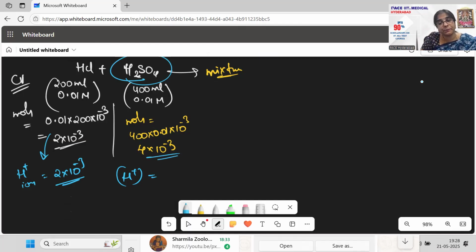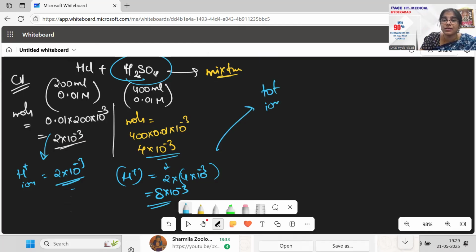So 4 into 10 power minus 3 will give you 2 into that. 2 into 4 into 10 power minus 3, which is 8 into 10 to the power minus 3 ions, which means total H plus ions available here are 10 into 10 to the power minus 3, which is 10 to the power minus 2 ions available with us here.